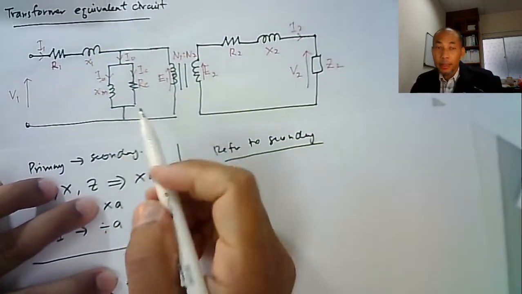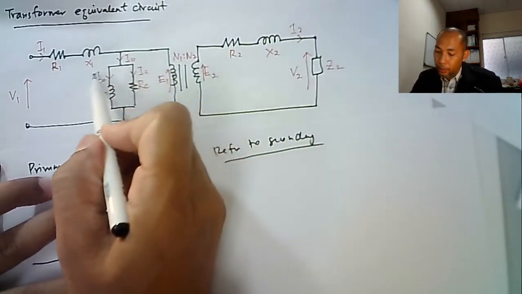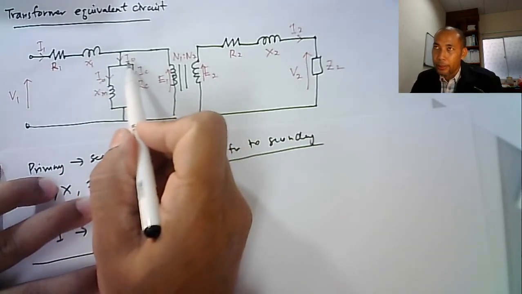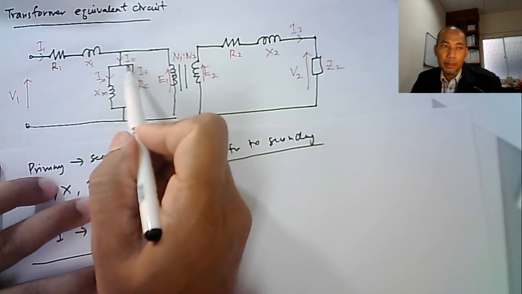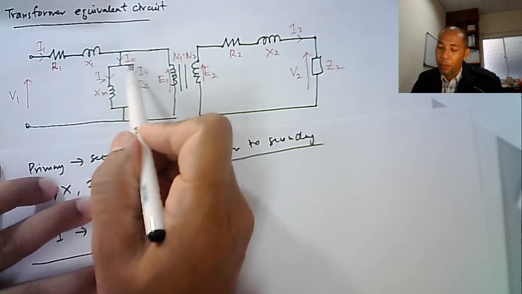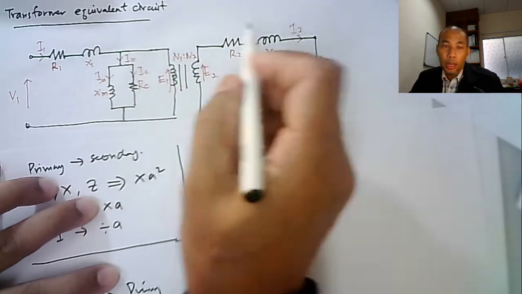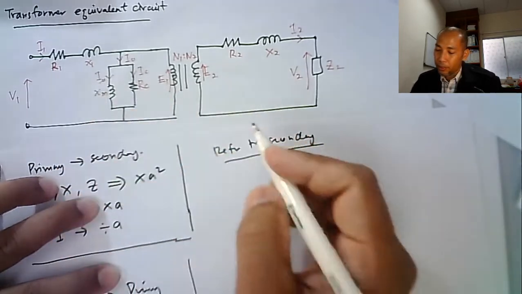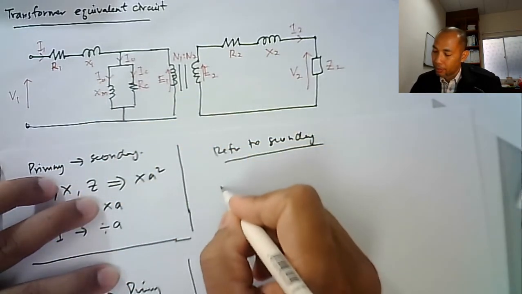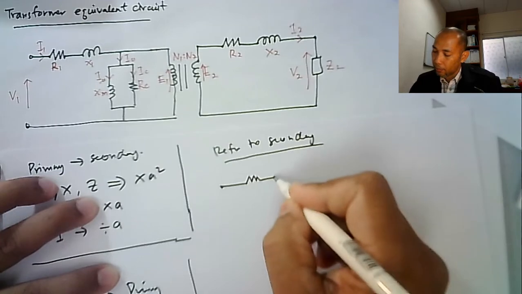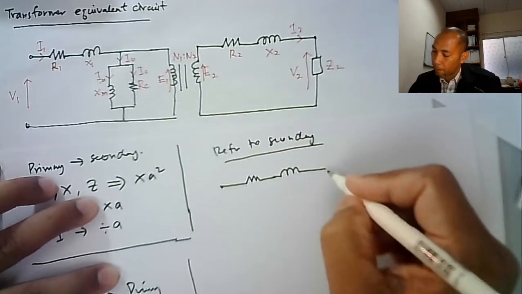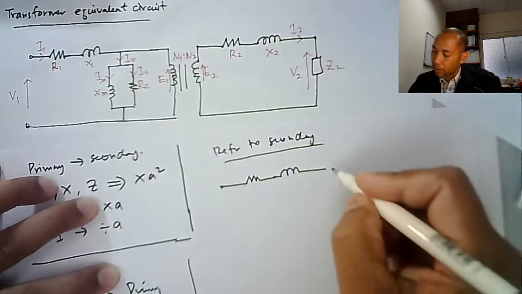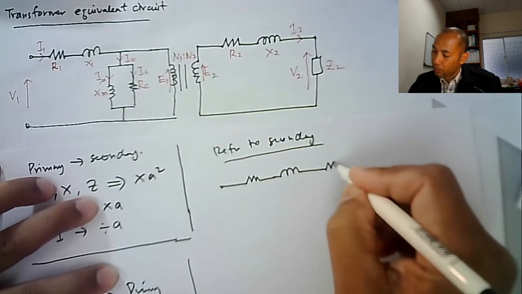Before that, this section we can remove because the current flowing into the magnetic core is very small compared to I1 and I2. I1 and I2 are very large compared to I0, so we just neglect it. So then the circuit will become like this. So now we can remove this isolated section.